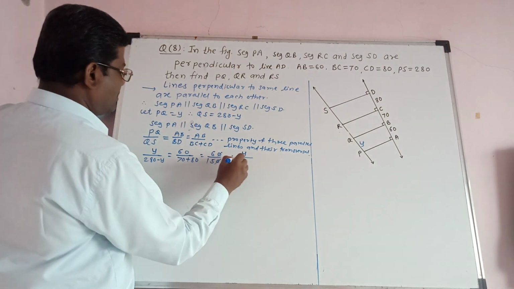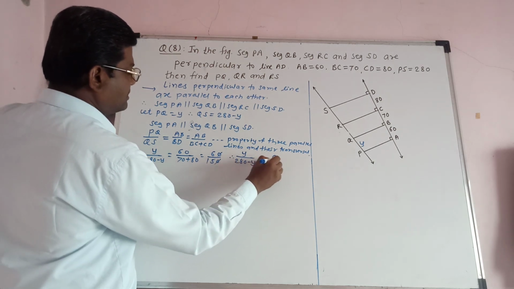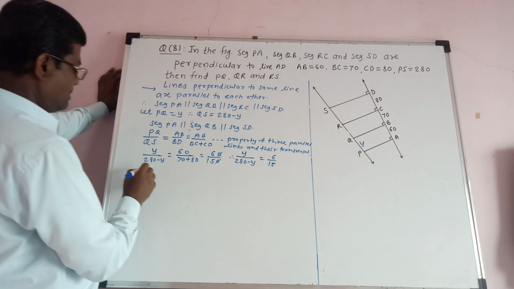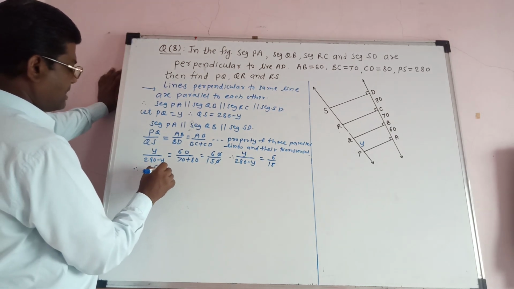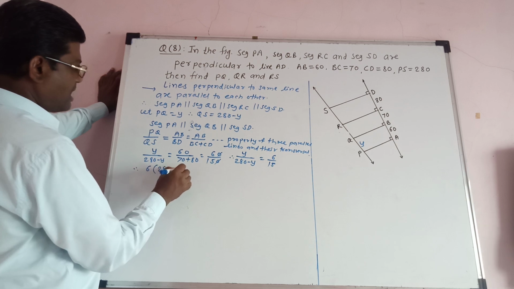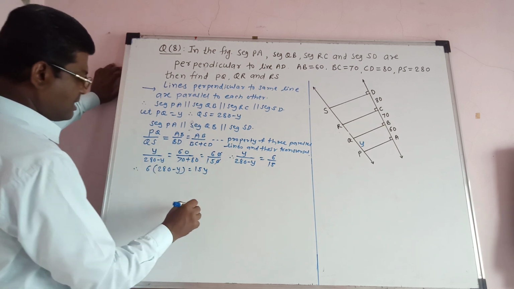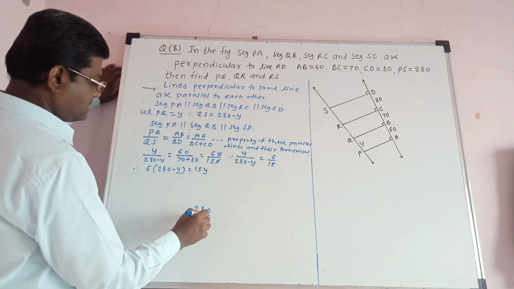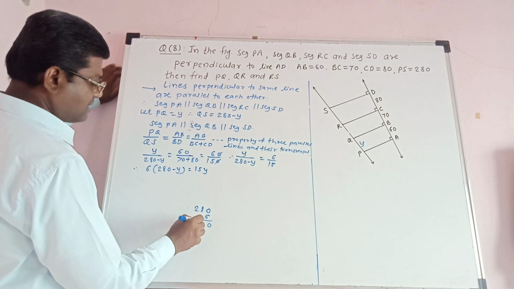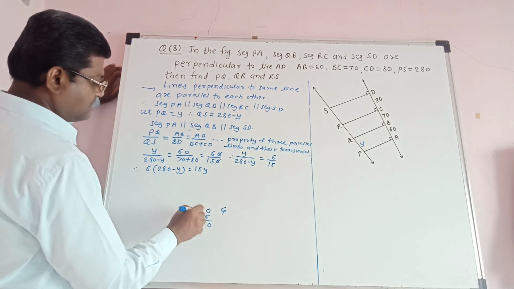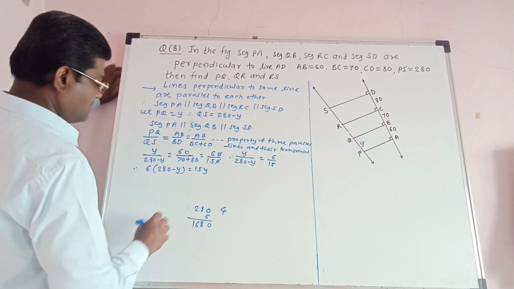Therefore, y upon 280 minus y is equal to 6 upon 15. Now take cross multiplication: 6 times (280 minus y) is equal to 15y.